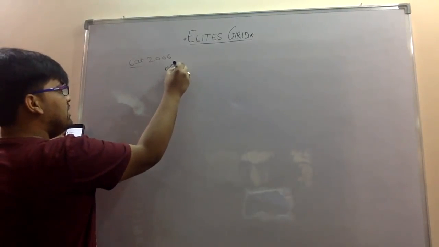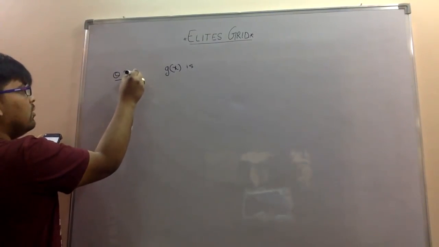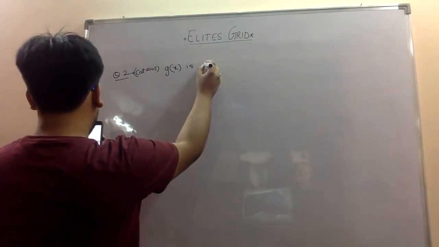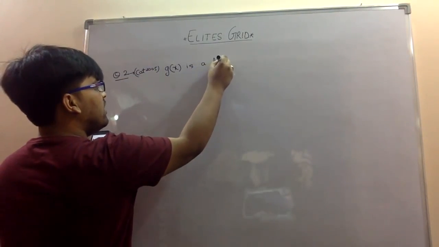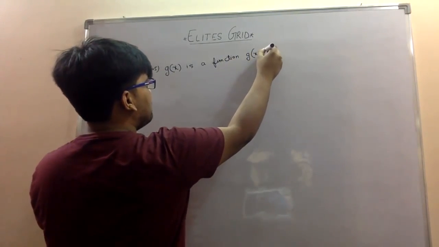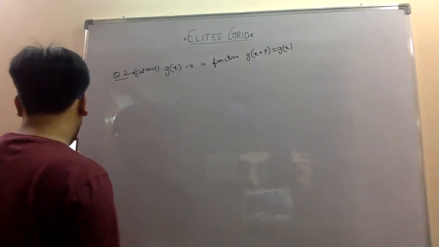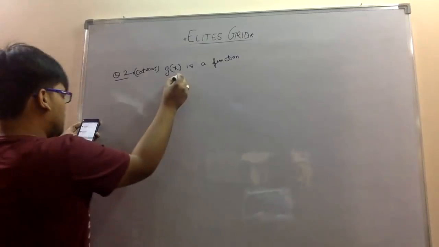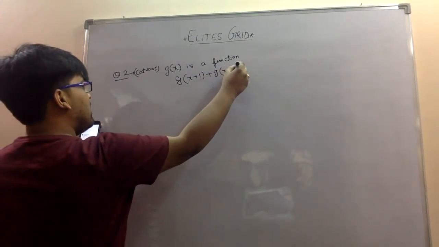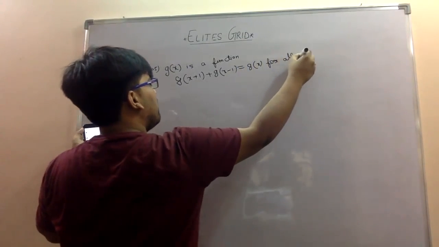Question 2, CAT 2005. Let g(x) be a function such that g(x+1) + g(x−1) = g(x) for all real values of x.